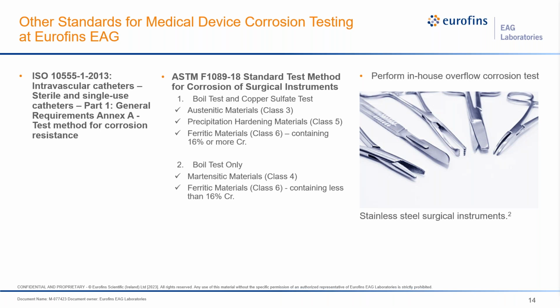The Boyle test is applicable to martensitic, austenitic, ferritic, and precipitation-hardened materials to detect surface imperfections, free iron, or other anodic surface contaminants on the stainless steel. The copper sulfate test is used to detect the presence of free iron on the surface of materials.